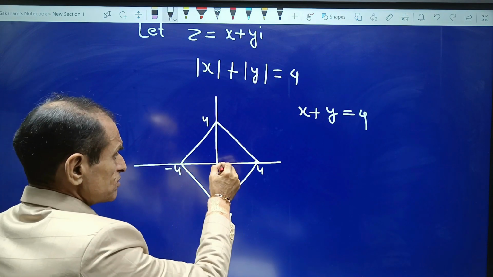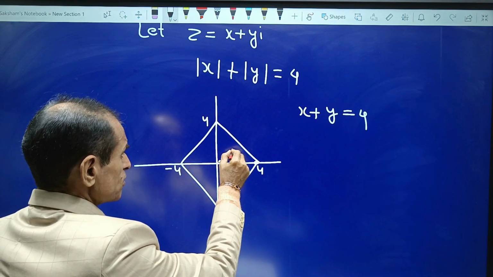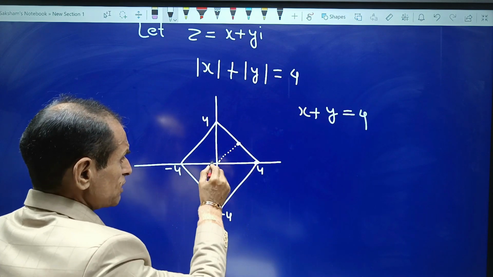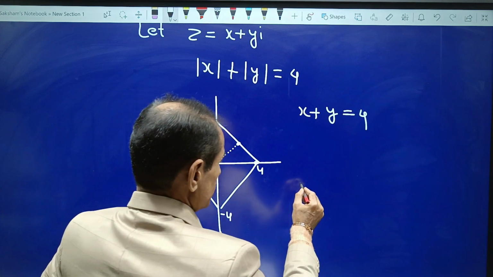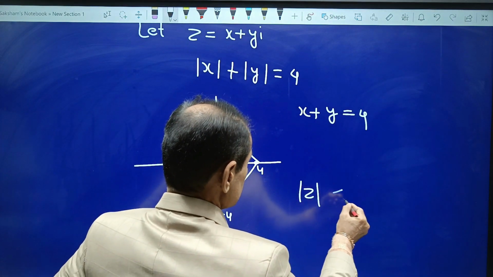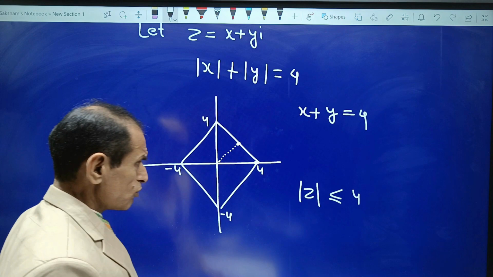And if I draw a perpendicular, this point is at least distance from the origin. Hence, I can say the greatest value of mod z is less than or equal to 4.